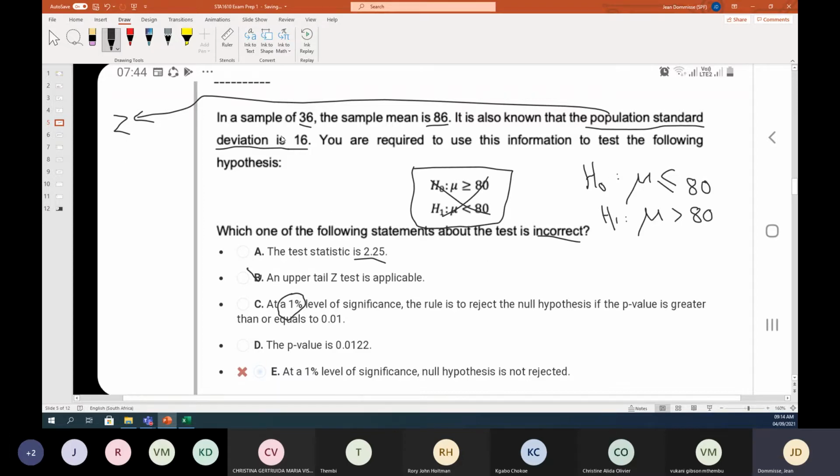So the population standard deviation is still the same, or is nearly known. So I would have used this to work out my Z value. Okay, let me check what.